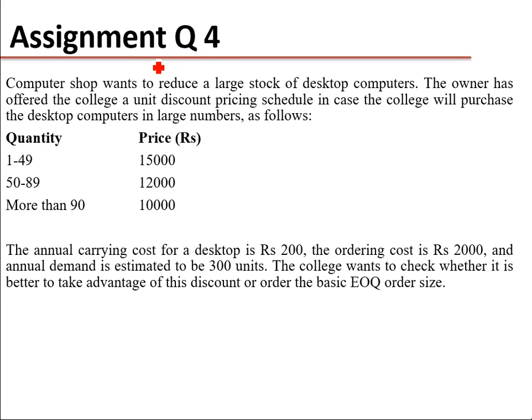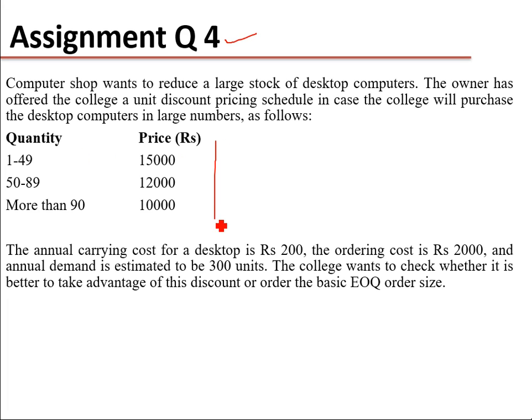I'm going to discuss with you the last question of the assignment, that is question 4. Computer shop wants to reduce a large stock of desktop computers. The owner has offered the college a unit discount pricing schedule in case the college will purchase the desktop computers in large numbers.